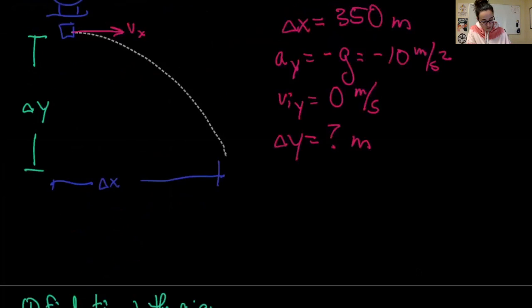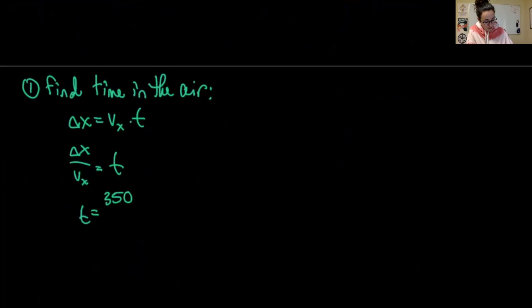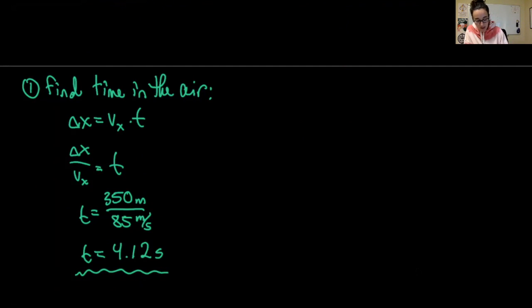Okay, so that was 350 and 85. So the camera was falling for 4.12 seconds, and then we'll apply that to the y direction to figure out how high it must have been to take 4.12 seconds to fall.